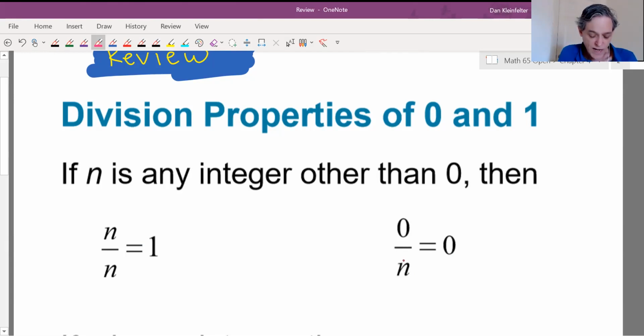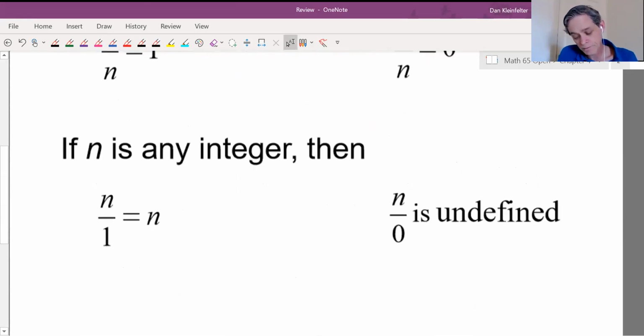If you have your cake divided into n parts and you have 0 of them, you have 0 cake. Okay, n divided by 1 is equal to n. If you have cake divided into one piece, that is a whole cake, and you have n of them, then you have n cakes. This last one is a little tricky for people. Any number that is not 0 divided by 0 is undefined. Okay, it's not 0.